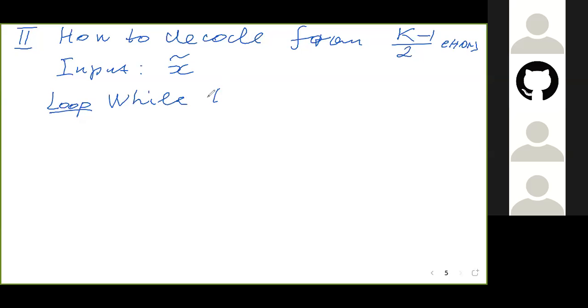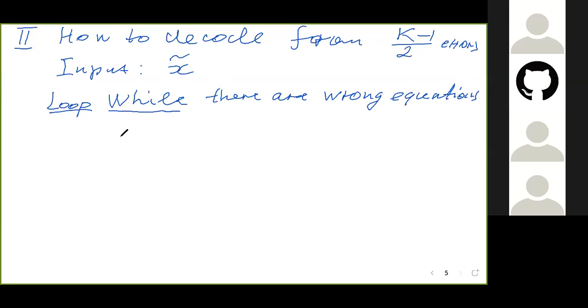While there is a wrong equation, we try to flip one bit of tilde x.